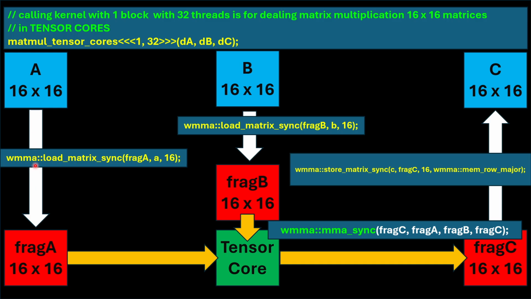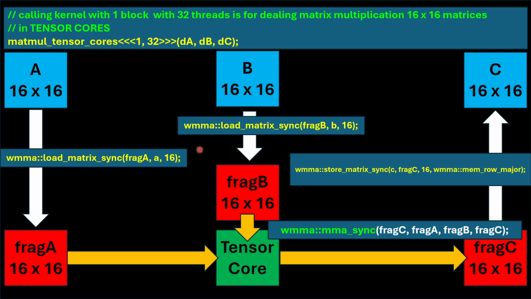This repeats all operations. We move A from the GPU memory to fragment A with load matrix sync, and also with load matrix sync for B. Then we put fragment A and fragment B in a tensor core for the matrix multiplication operation, which should take one tact. That's when we call one block with 32 threads.